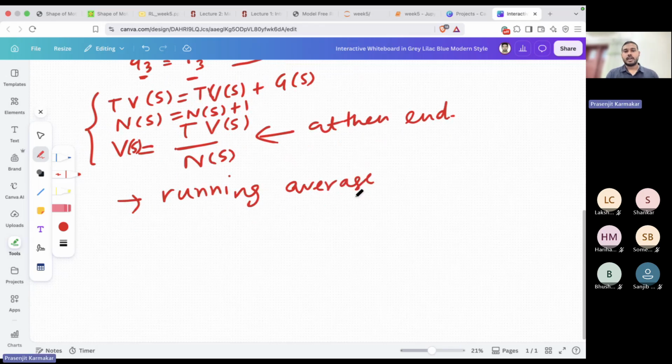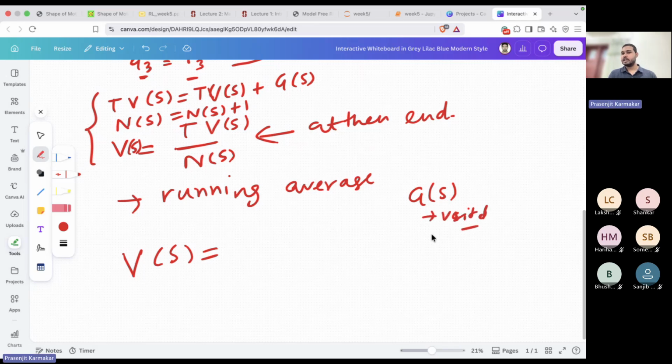Okay, so assume that we have a value function V, V of S. Now, if I want to update, let's say I observe a return G of S for a state. So that means I also visited that state, right?